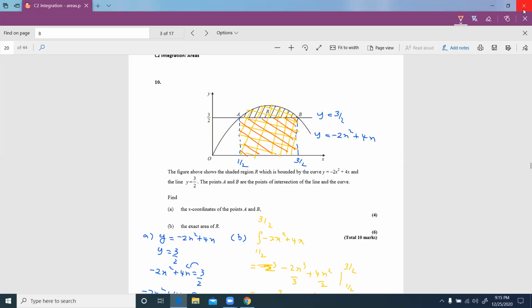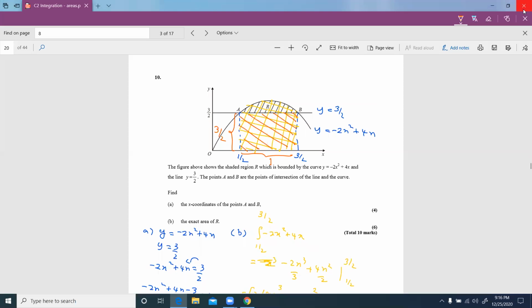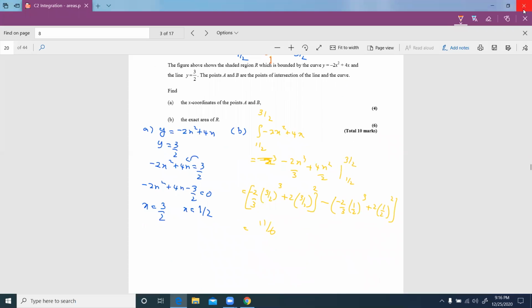Its length is 3 over 2 minus half, which is 1, and its height is 3 over 2. From the area under the curve, you subtract the rectangle area, 1 times 3 over 2. So you get the answer 1 over 3. That's a way of doing this question.